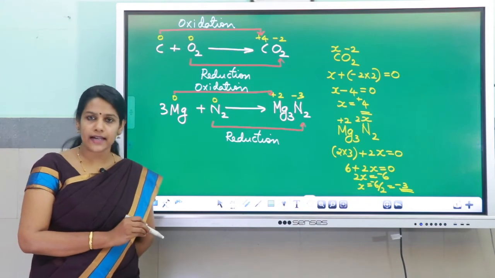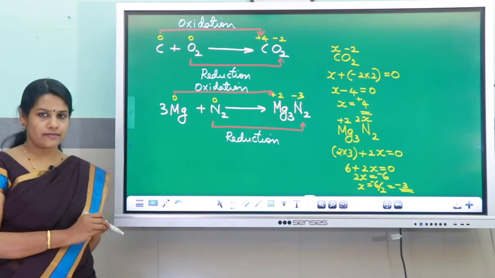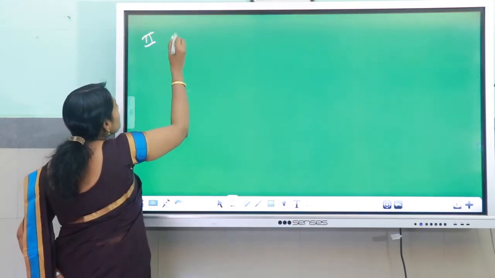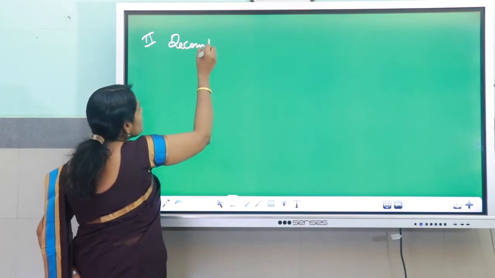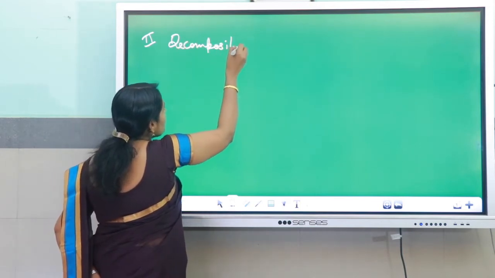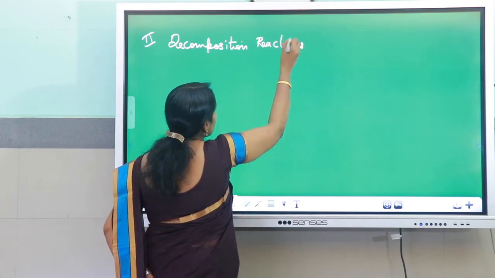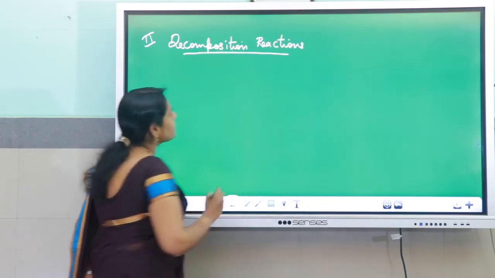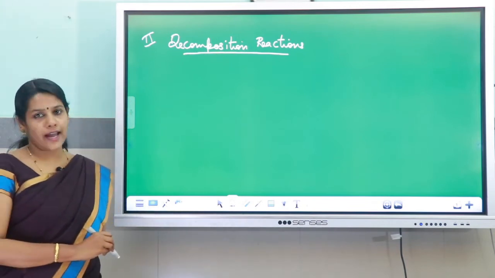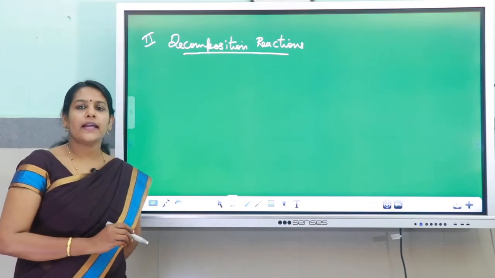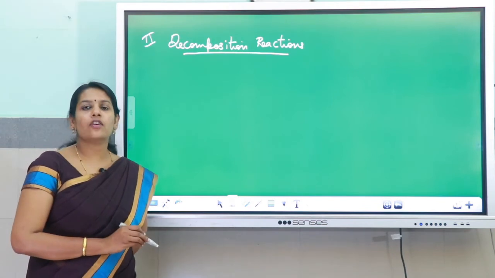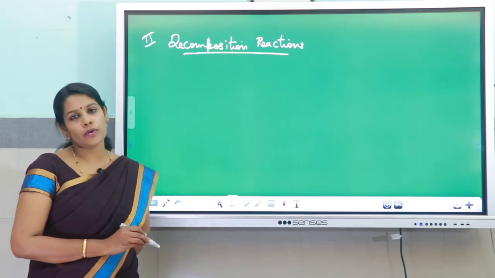Now let us see the second type, that is decomposition reaction. Decomposition reaction is a type of reaction in which a compound is broken down into 2 or more substances.